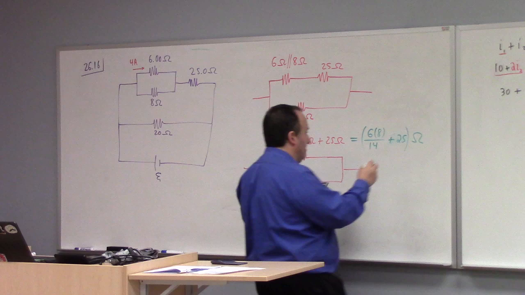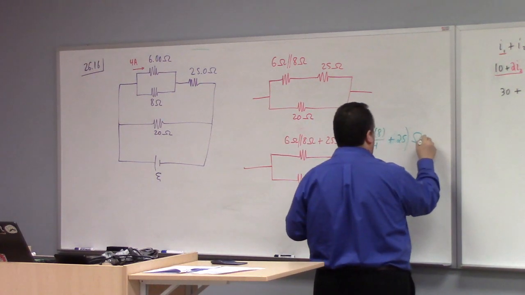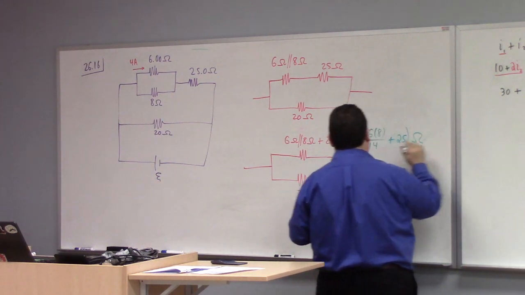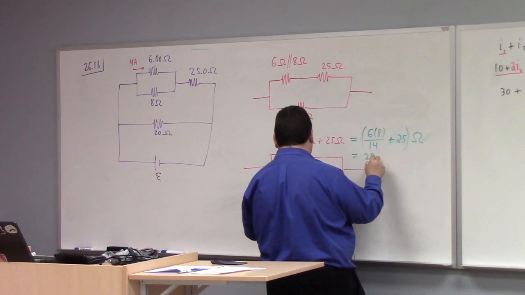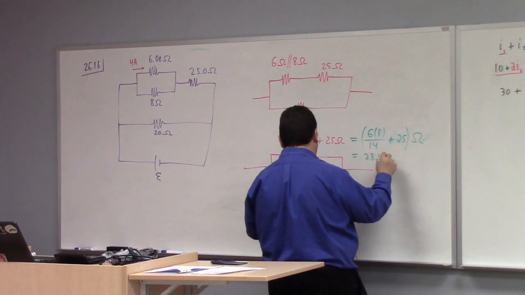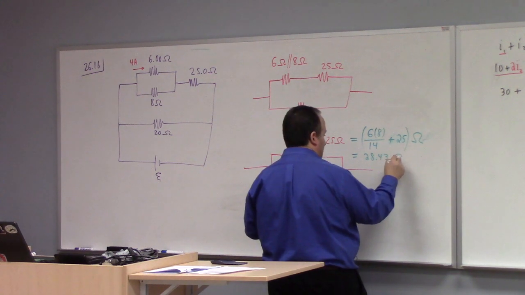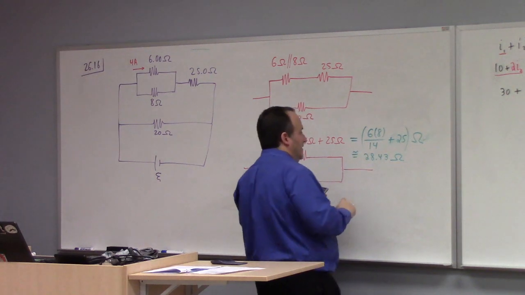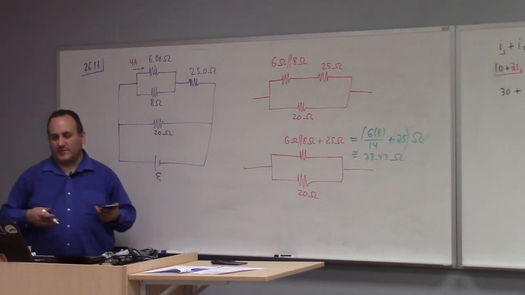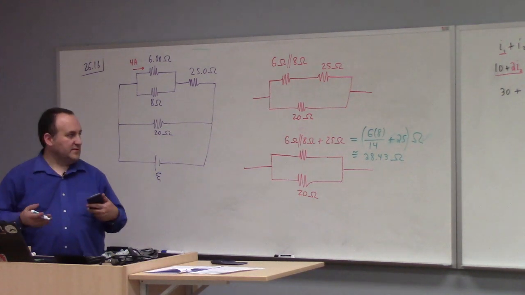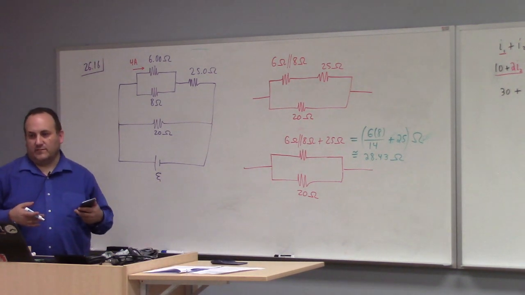Is that the same thing as doing 1 over 6 plus 1 over 8, reciprocated, plus 25? Yep. 28.43, I'll take 2 digits here, ohms approximately. So yeah, 6 times 8 over 14 is the same as 1/6 plus 1/8 reciprocated.